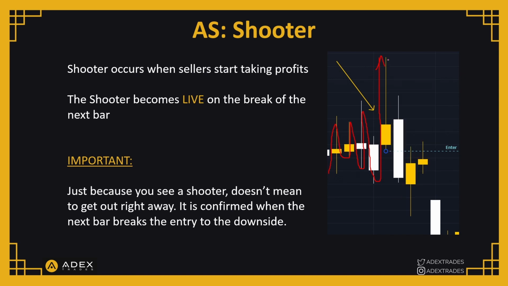Now sellers start to step in, they bring price all the way down. But then the next candle, that is when it actually goes in force. And that is when you can go in for puts, because you know that this is confirmation of the profit taking that occurred on this candle right here.